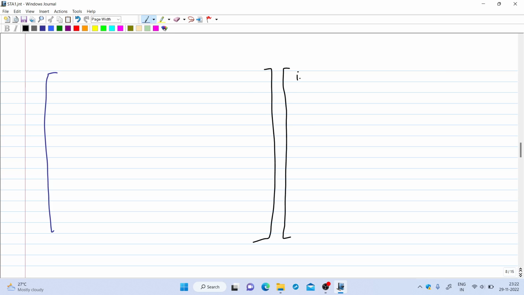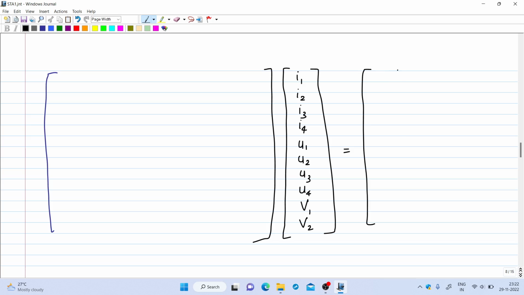The column vector consists of the variables I1, I2, I3, I4, the branch currents, then the branch voltages U1, U2, U3, U4, then the node voltages V1 and V2. So there are 10 equations. On the right hand side there will be a right hand side column vector. Now let us fill the coefficients.